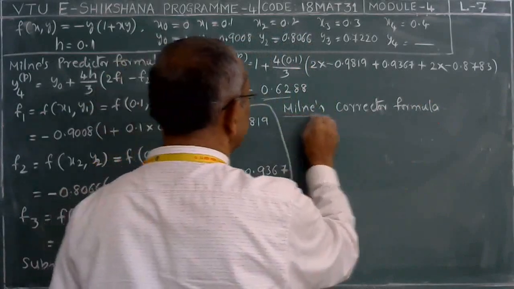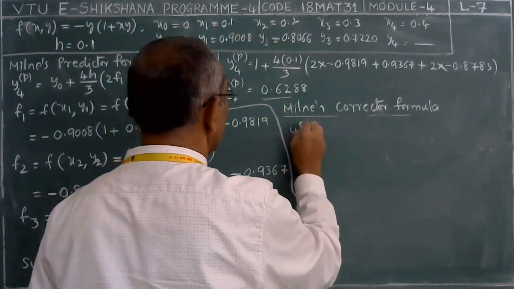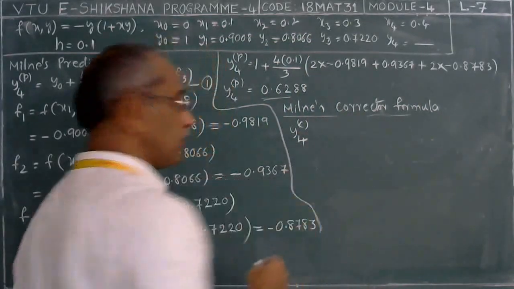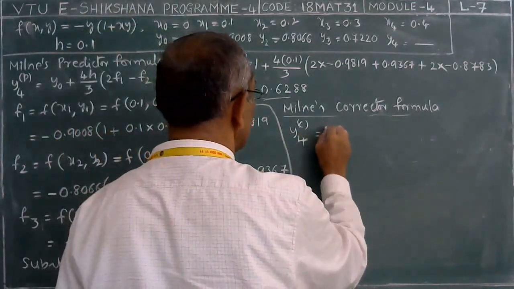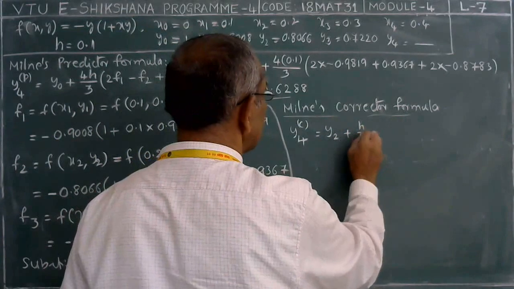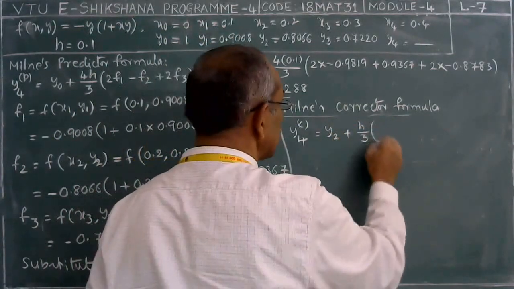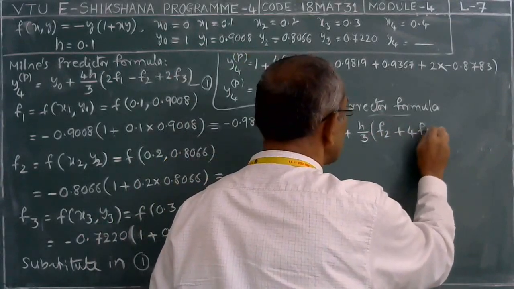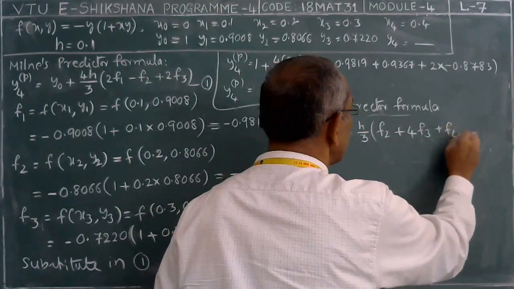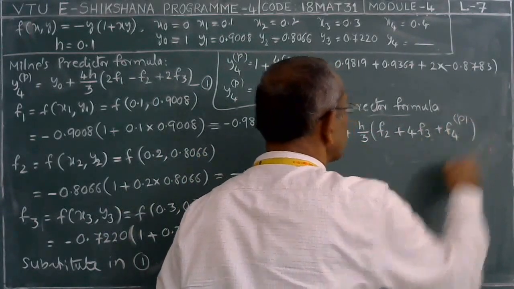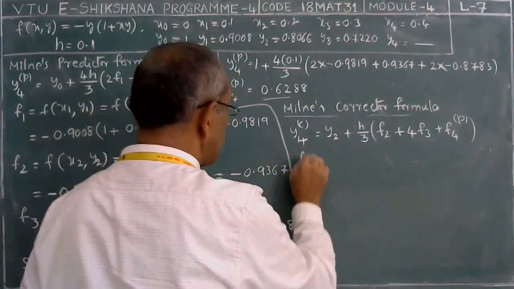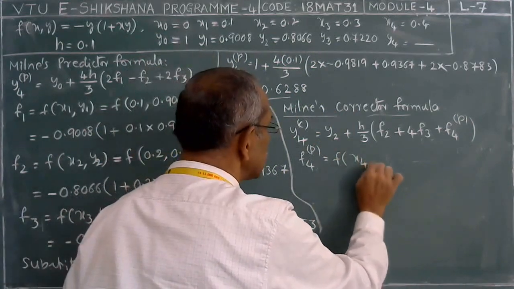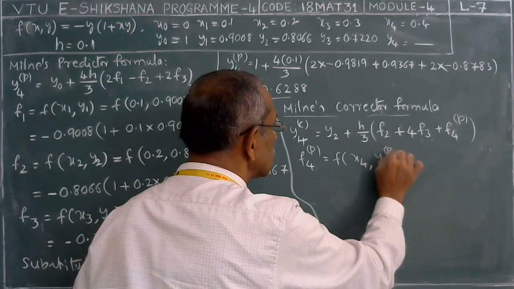It is given by y4c is equal to y2 plus h divided by 3 into f2 plus 4 f3 plus f4p, where f4p is f of x4 comma y4p.